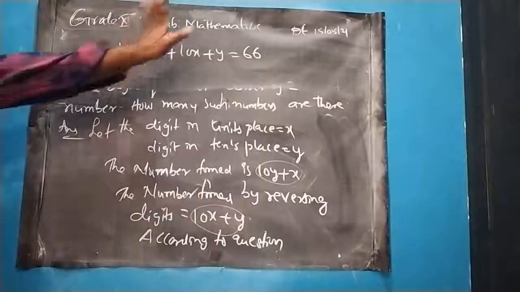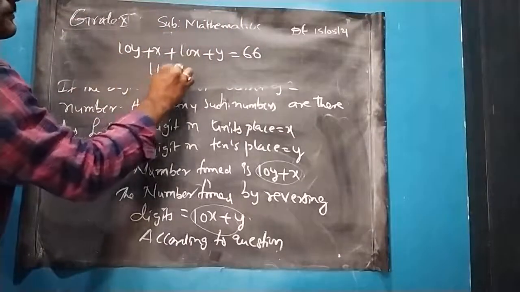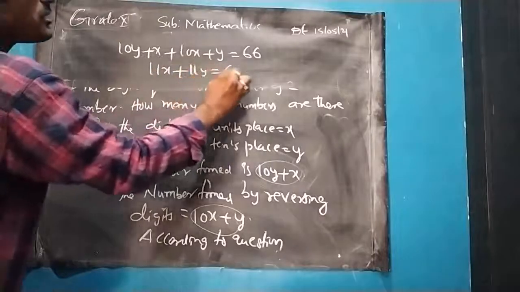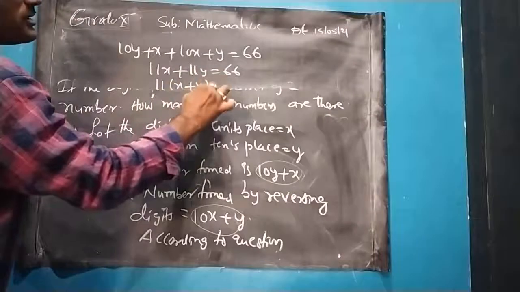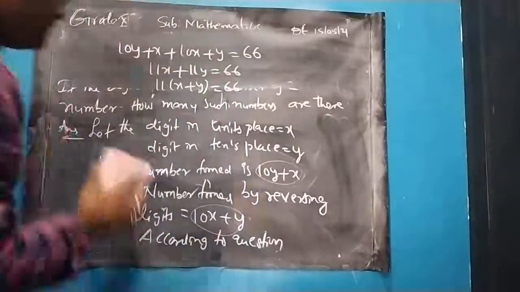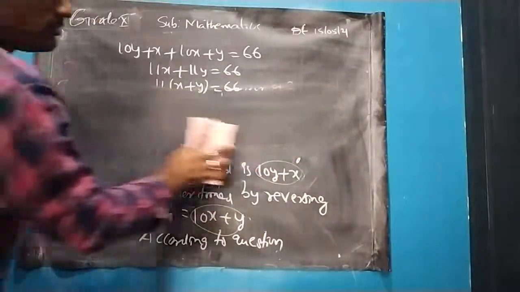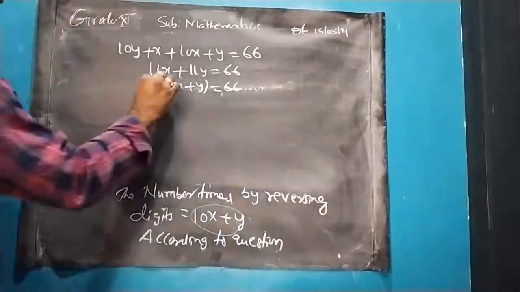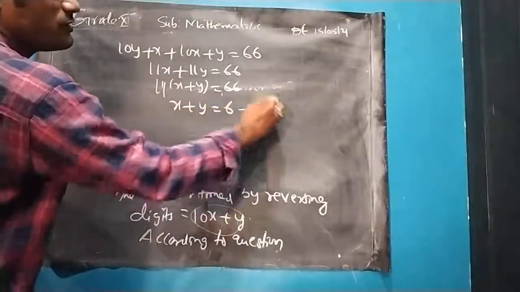It is clearly mentioned in the question. So 11x plus 11y is equal to 66. We can take 11 common, x plus y is 6. So x plus y is equal to 6. This is the first equation.